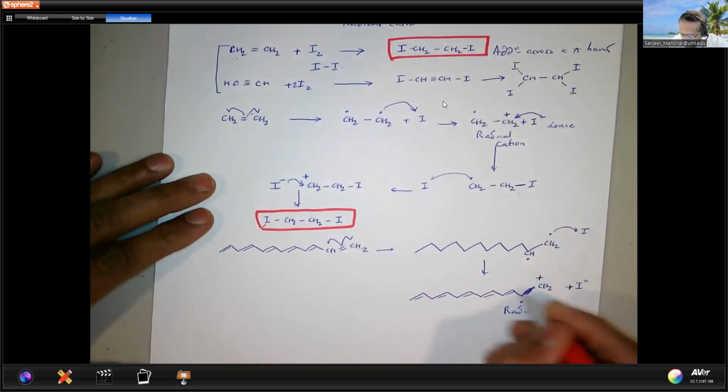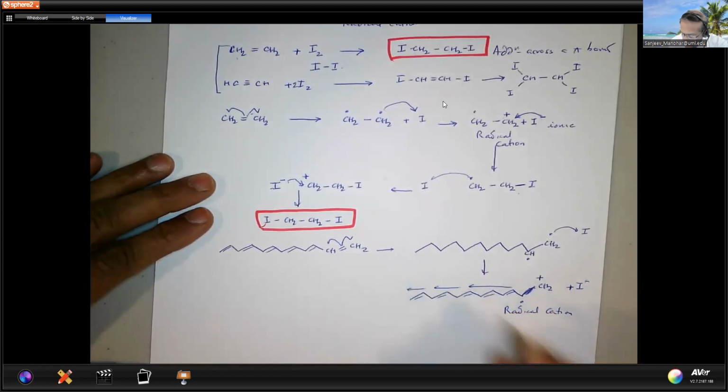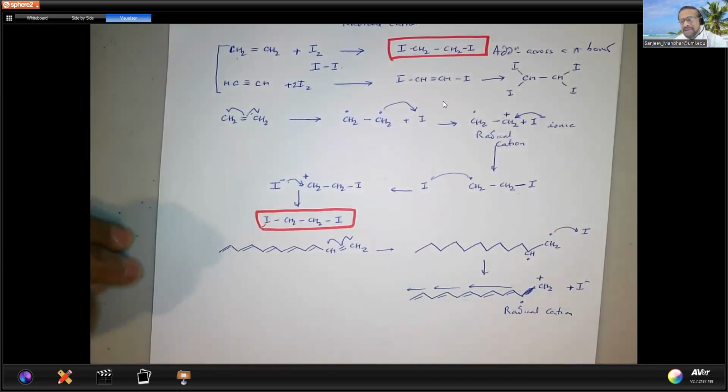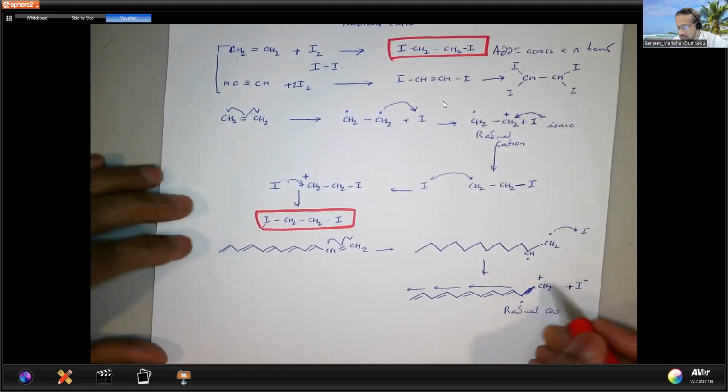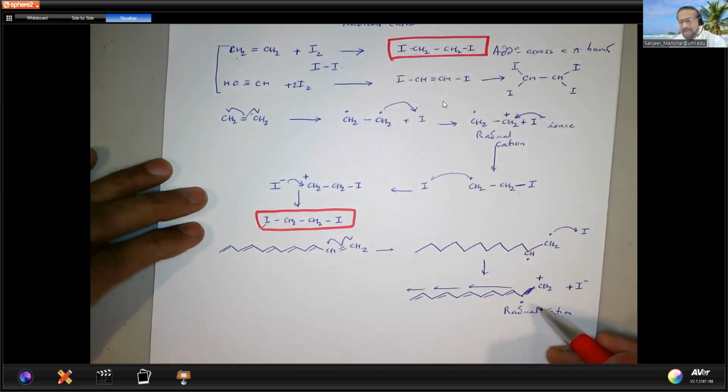This charge and radical can completely be shared over the entire chain, so it's whisked away from the edge. The reactive center is whisked away from the edge. And therefore, this coupling never occurs.